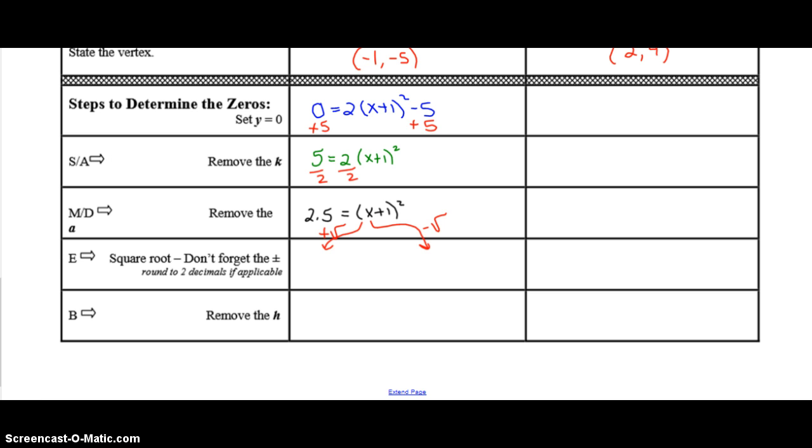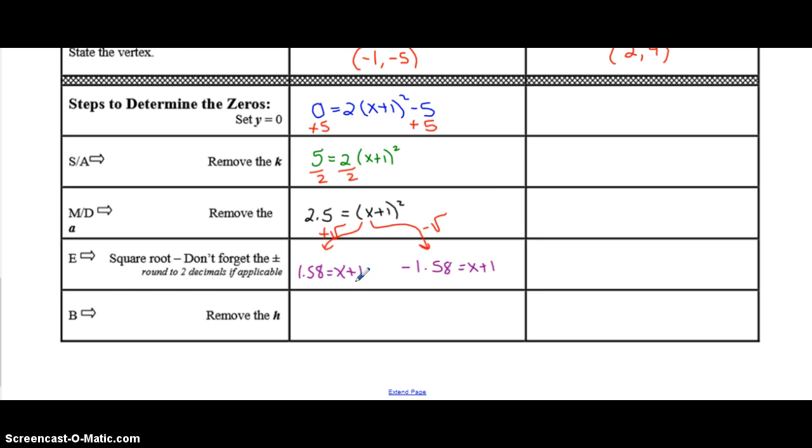So the square root of 2.5 is 1.58 is equal to x plus 1, or negative 1.58 is equal to x plus 1.